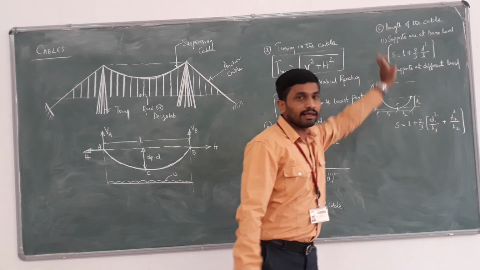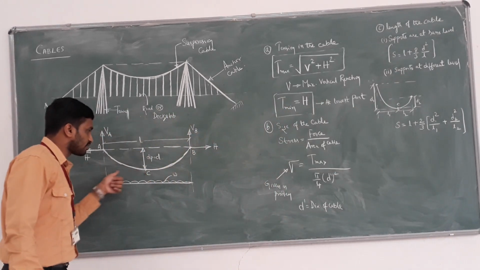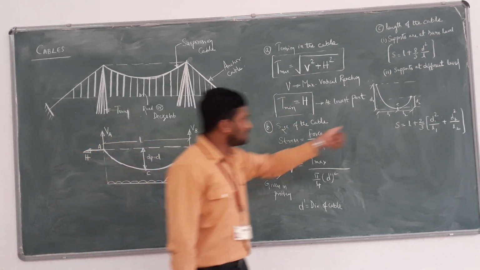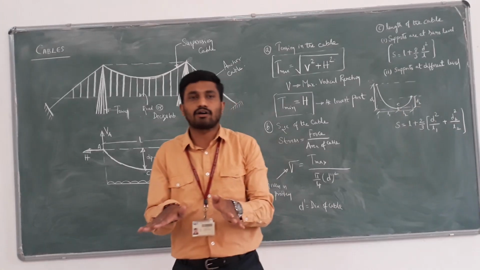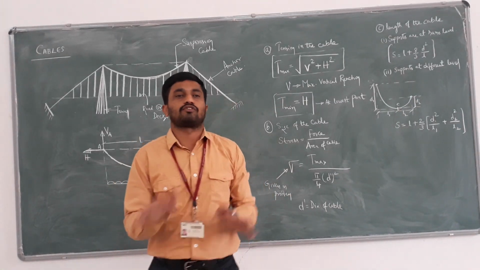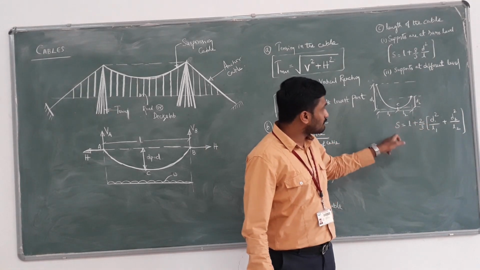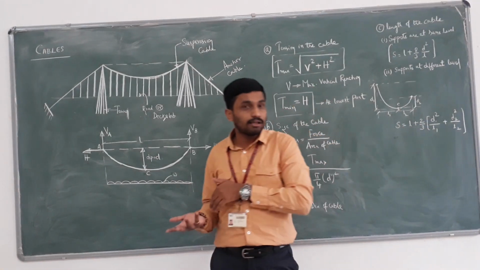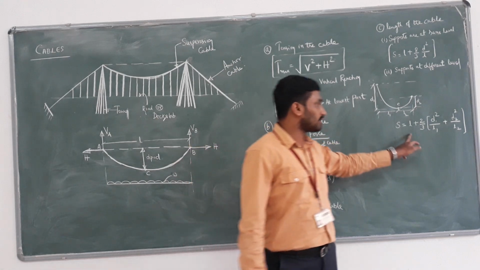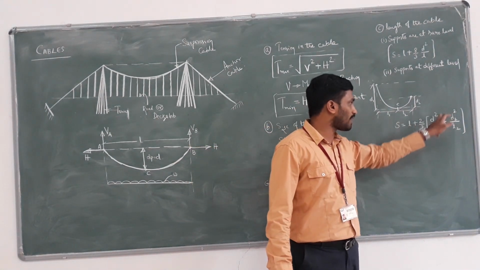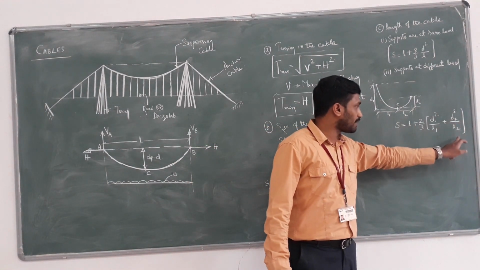If it is at the same level, C is at L by 2, L by 2. But here C is not exactly at half of the span, so we have L1 and L2. The length of the cable is computed using S equals L plus 2/3 of D1 square by L1 plus D2 square by L2.